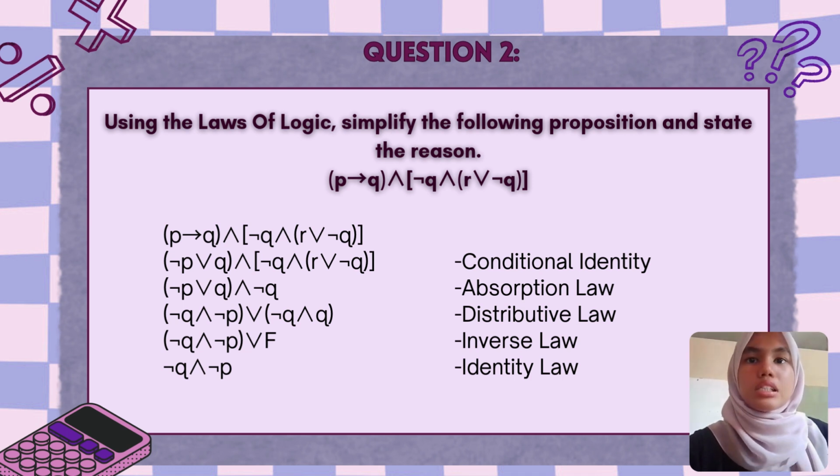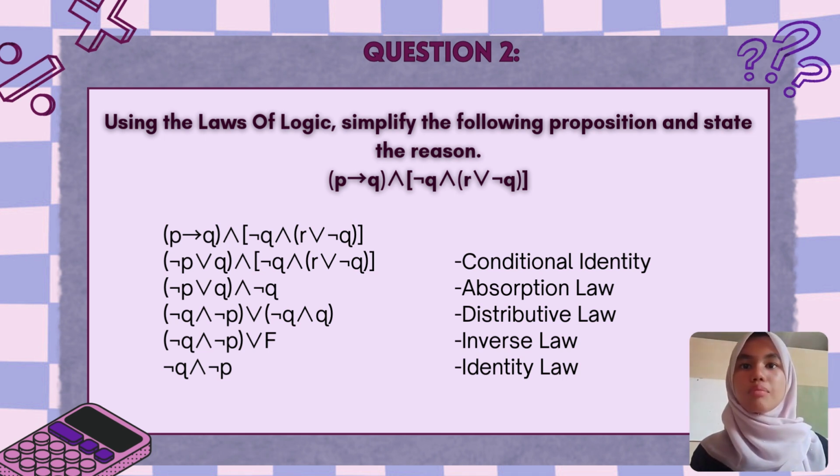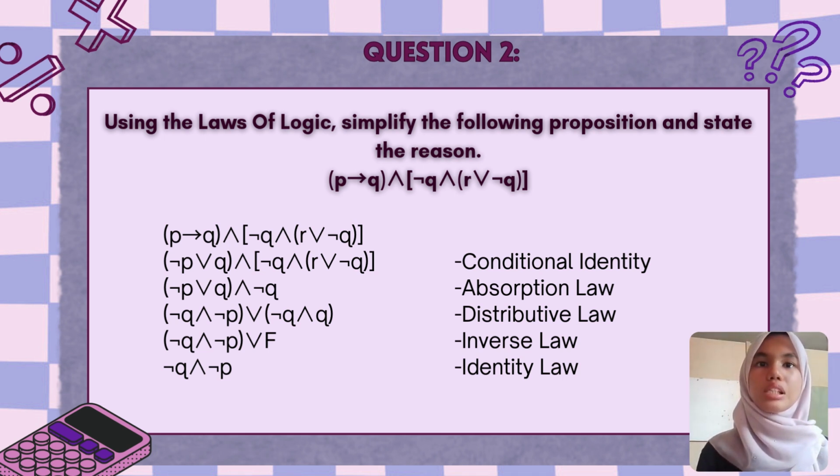Let's focus on ¬Q and Q. It can be simplified by using inverse law. Since the connective is and, it will equal F. Then we will get (¬Q and ¬P) or F. Lastly, we can simplify it using identity law, so we will get the final answer, which is ¬Q and ¬P.